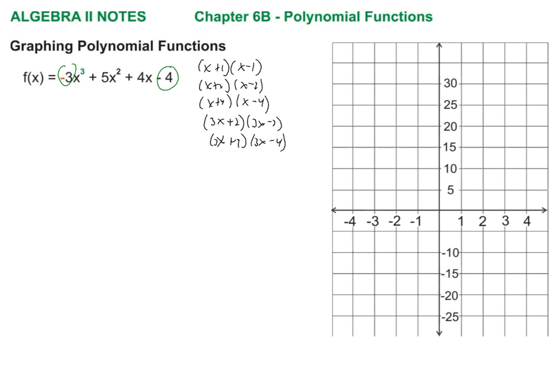Now, I will tell you that if you would try the x minus 1, putting in f of 1, it would work. If you would try the x plus 1, putting in -1, it would work. If you tried the x minus 2, putting in positive 2, it would work.